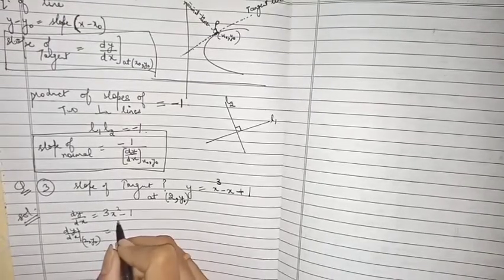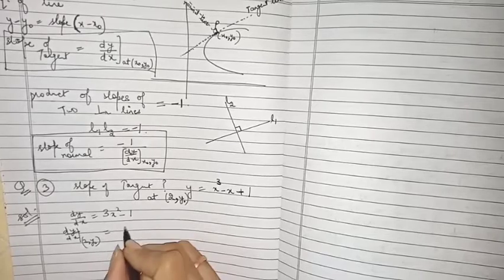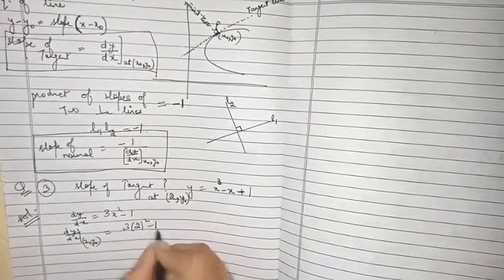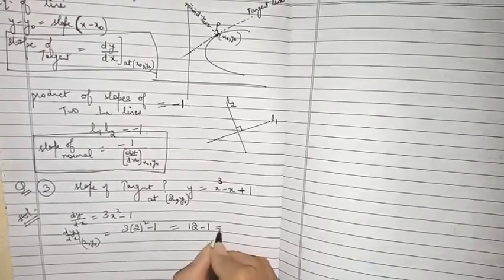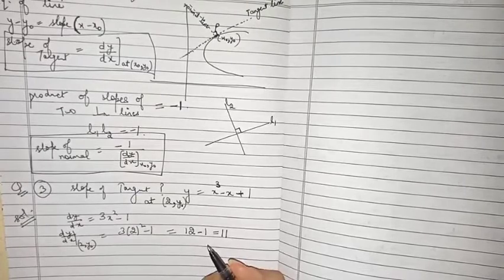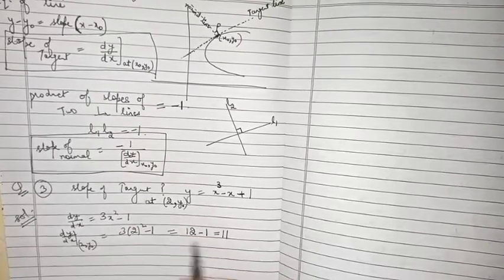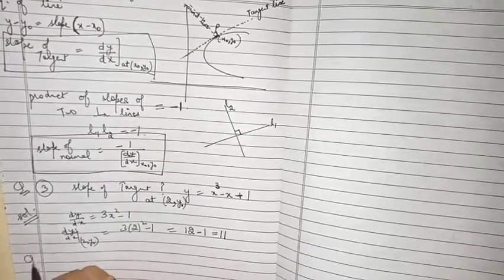But fortunately here it is independent of y, so it is quite easy. 4 into 3, 12 minus 1, it is 11. So this is my slope of tangent. I just need to find the slope of tangent, and the slope of tangent is 11 in this case. Clear? Let us do one more question.